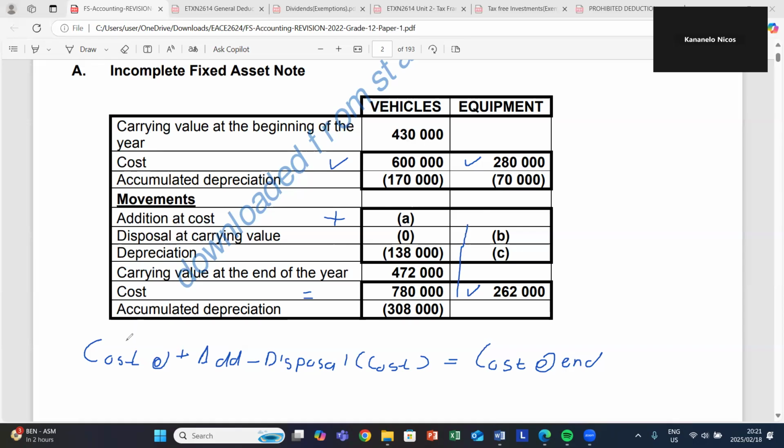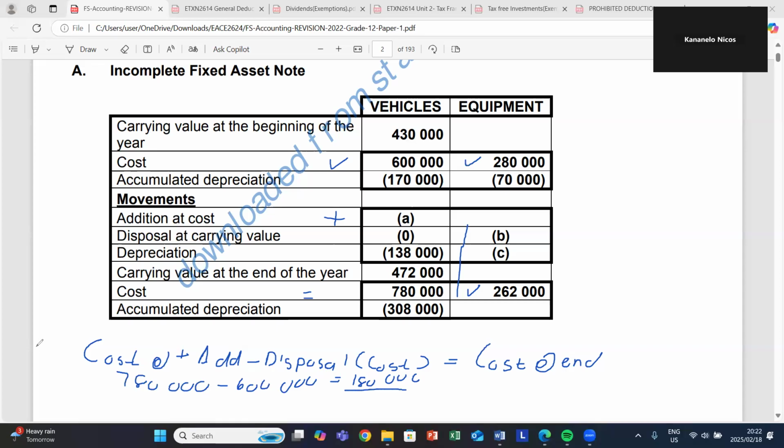We'll say 780,000 minus your 600,000, in which you get 180,000. 180,000 rand would be our additions.